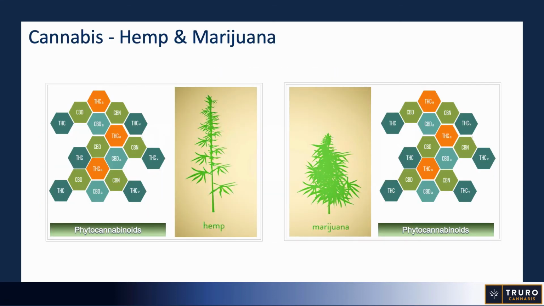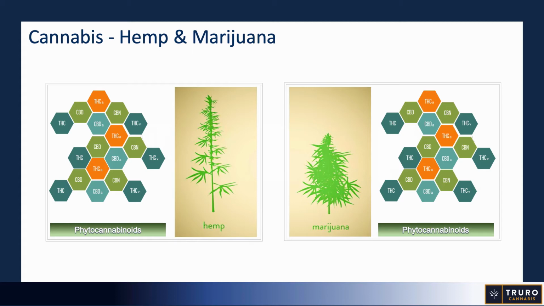Marijuana and hemp are both Cannabis sativa, same genus and same species. Historically, they were distinguished from one another by their phenotype, or their physical appearance, which was a reflection of their intended use. Hemp was cultivated to produce fiber for industrial use, for textiles like ropes and fabrics, and also for seeds.